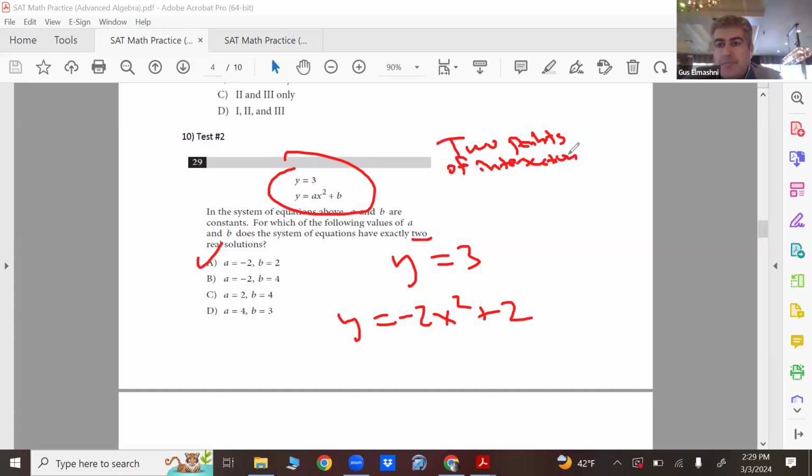So, yeah, let's see if this works. If it doesn't work, try the next choice. But you're going to have to graph y equals 3 and y equals whatever using different constants from each choice until you see one that works.